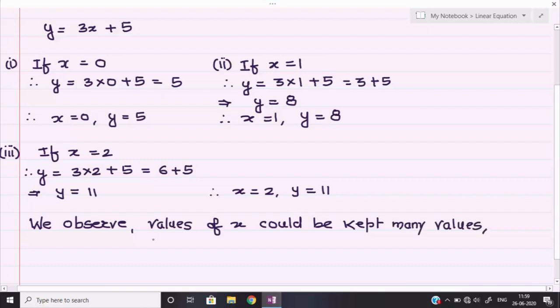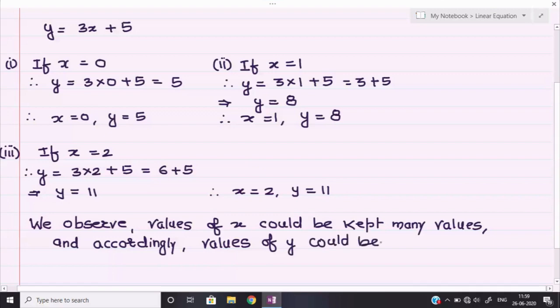And accordingly we can find out values of y. Means for different values of x we can find different values of y.